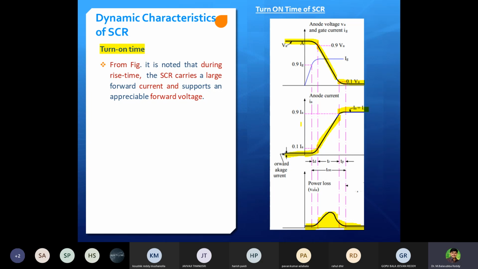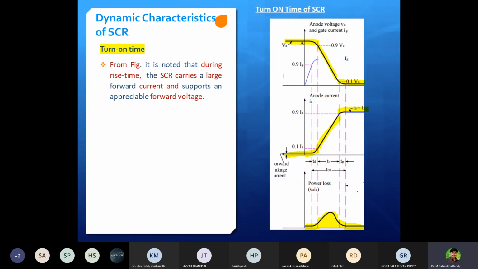If you multiply that, loss will be minimum. So that is the reason power loss will be more during switching action, but after being completely switched off or completely switched on, we don't get any losses. That duration I call the switching time or switching losses.